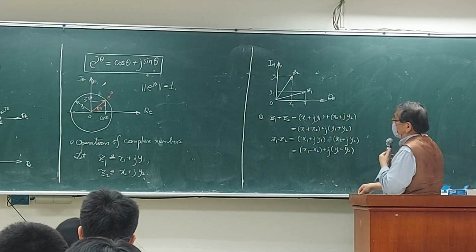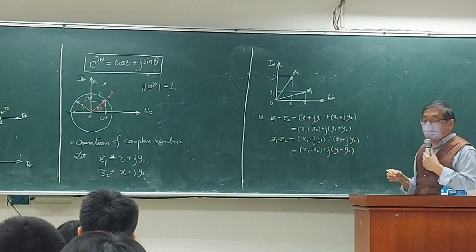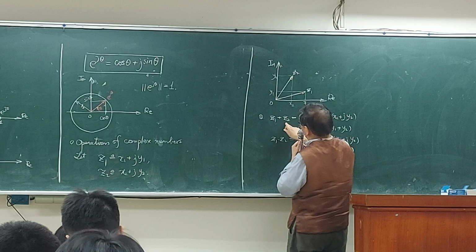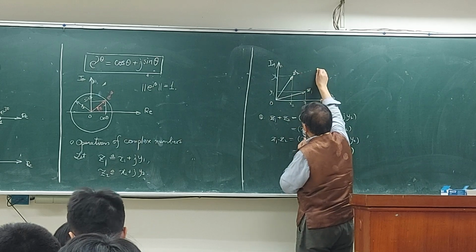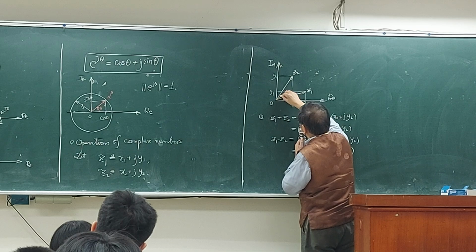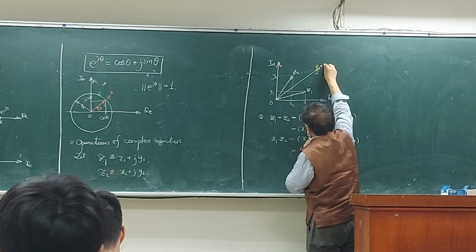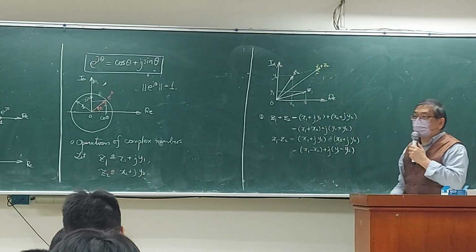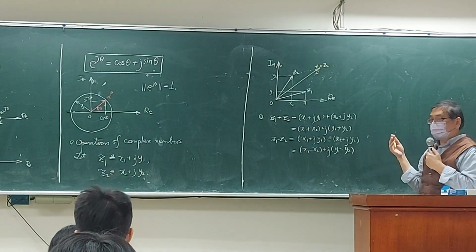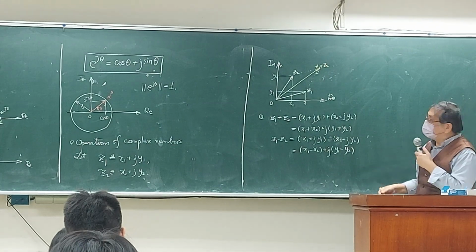By this definition, or this operation, you can treat the complex number just like a two-dimensional vector. So the sum of z1 and z2 is simply the vector z1 plus the vector z2. Right?